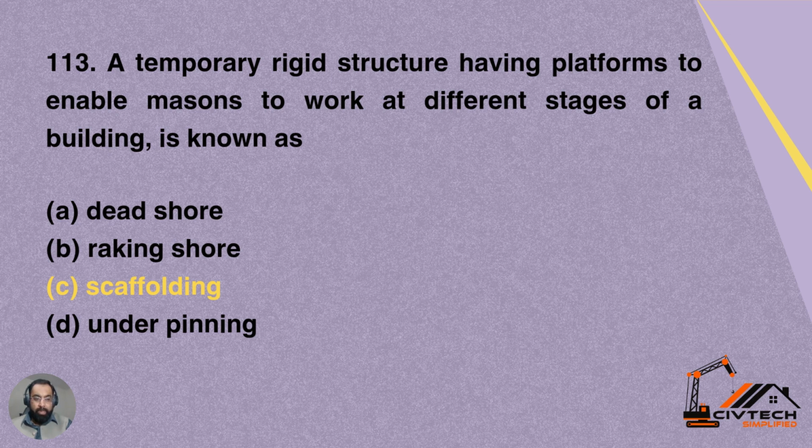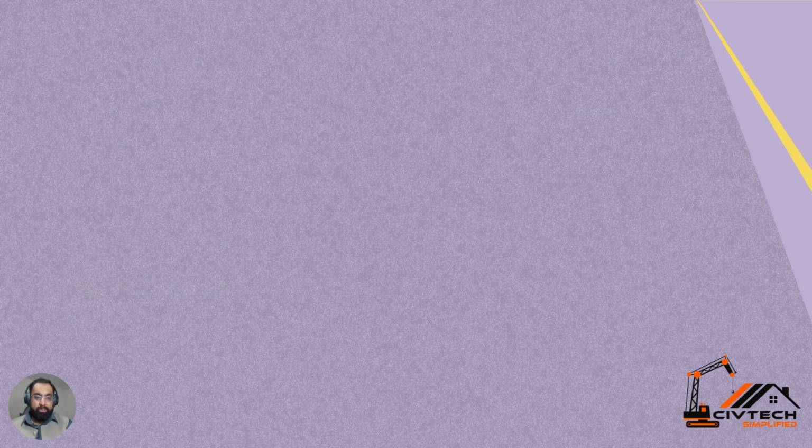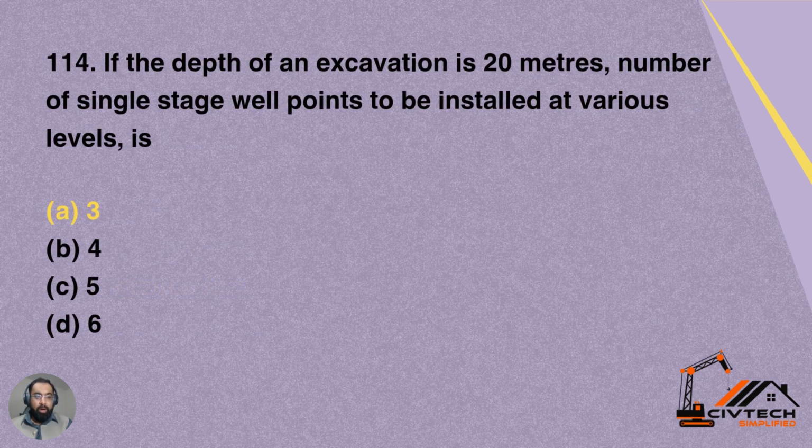Option B, racking shore. Option C, scaffolding. Option D, underpinning. So it's scaffolding. Option C is correct for this question. Scaffolding is the temporary structure which gives a platform to ease the masons and labor to work at various heights in a building.